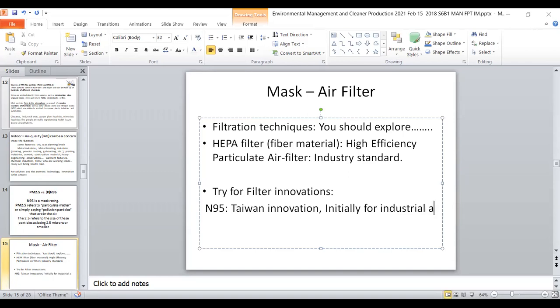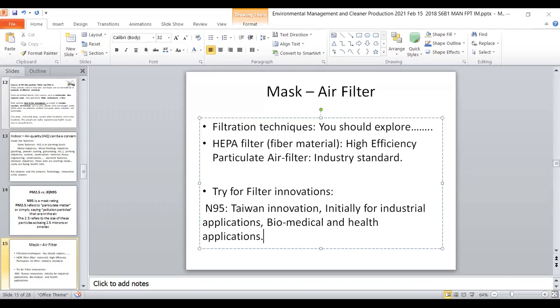So initially for industrial applications and finally came to biomedical and health applications. Yes, you can study this. Okay, so those are very important.